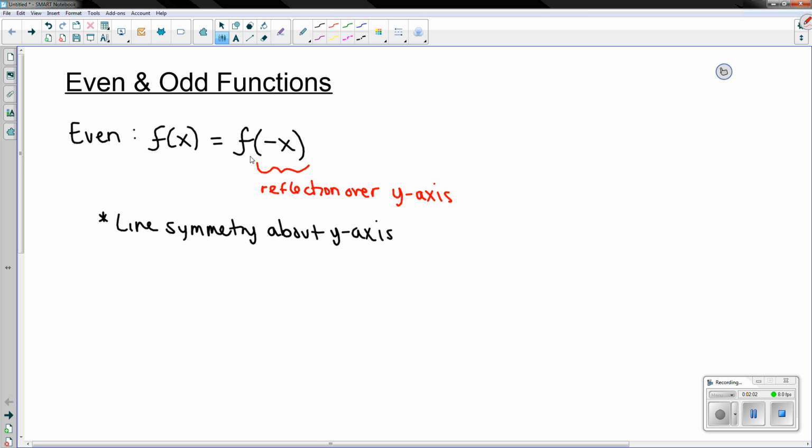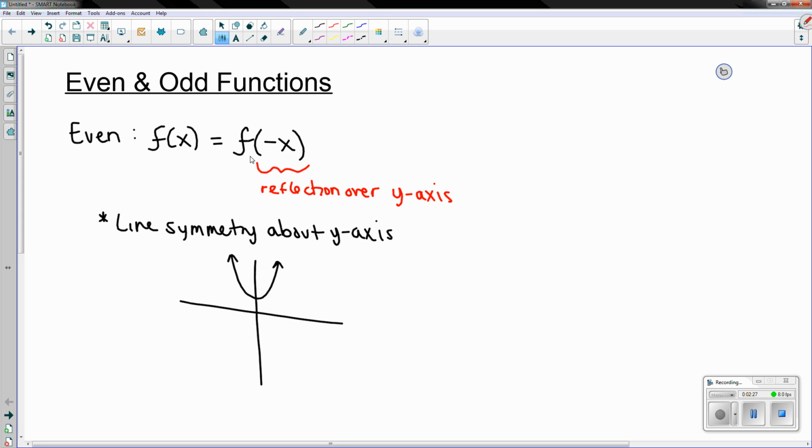So that's a nice visual tool to use to determine whether or not we have even or odd, or at least a starting point to lead you in the right direction when you're going to try to verify algebraically. For a quick example of line symmetry about the y-axis, take some parabola where its minimum point is located directly on the y-axis.